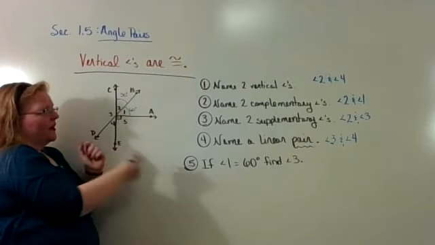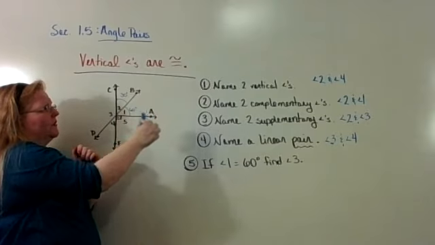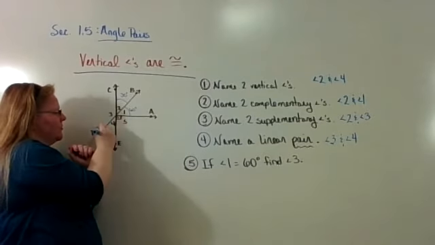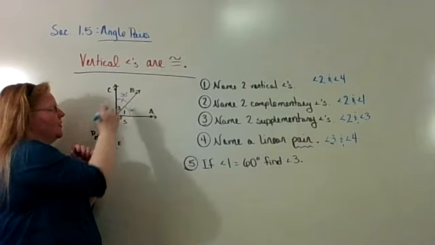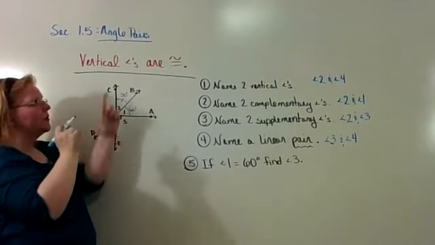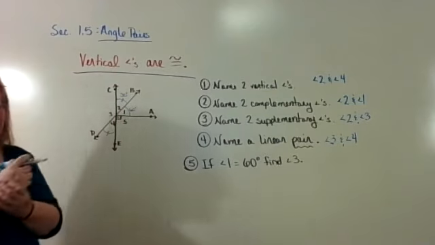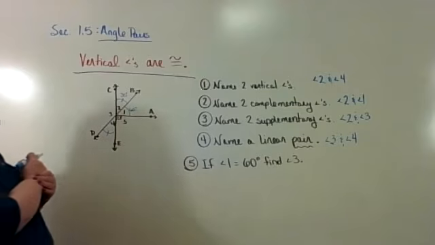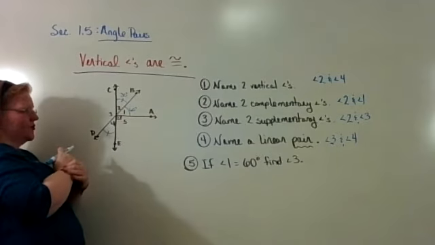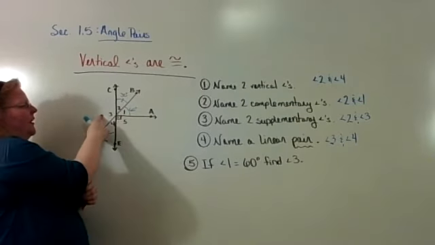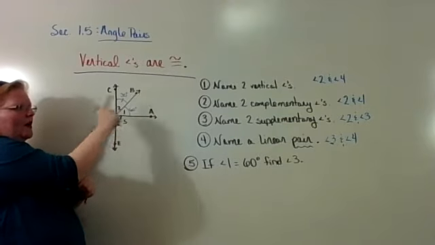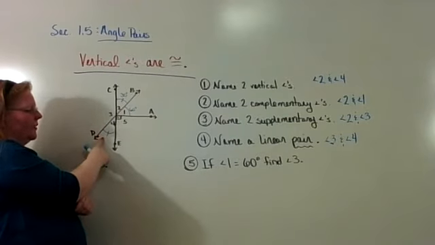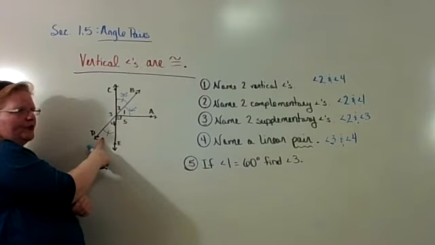But we also said over there that that one is vertical, so I could come down here and mark those as being congruent because vertical angles are congruent. She said that. She also said that these two angles were supplementary, so they had to add up to 180. And she said that these two angles were linear pairs, so they had to add up to 180.